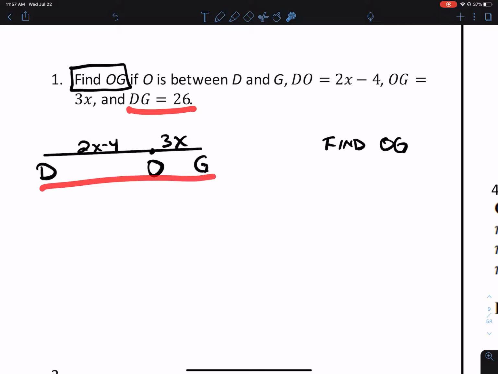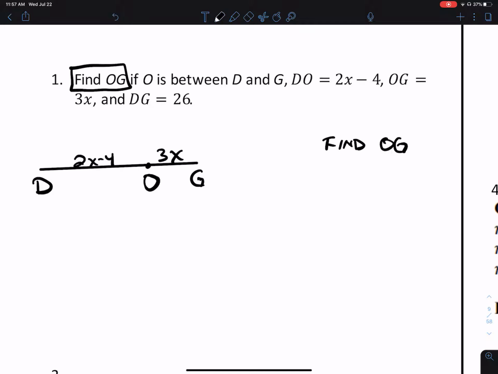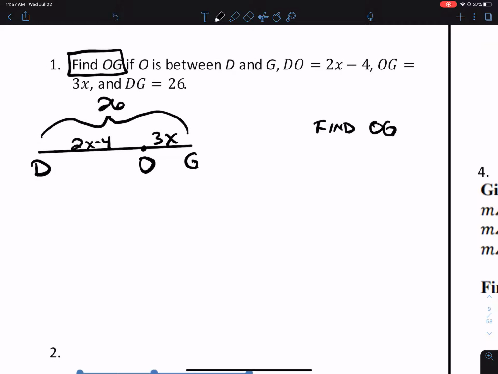DG is 26. Now, if I were to just throw a 26 on here, we wouldn't know what it represents. Since there is a point between D and G, I'm going to make one of these braces and say that this is 26. Once the information is put on the picture, which it is, we then want to make an equation from a definition, theorem, or postulate.